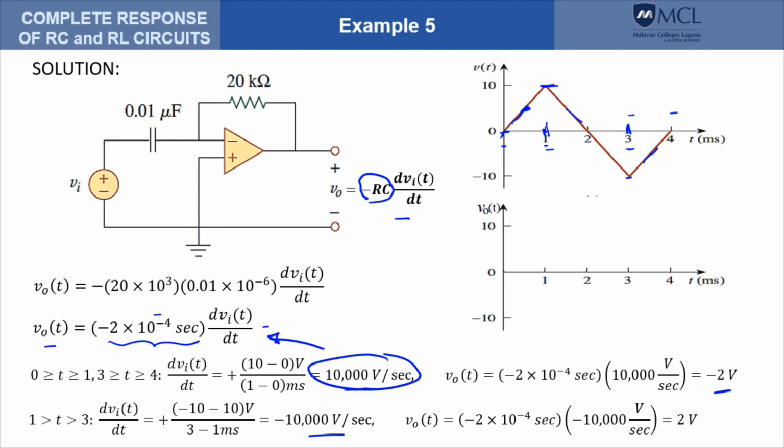And computing for the output, that should give us a positive 2 volts. Hence, the answer would look like this. So between 0 and 1 millisecond, it is negative 2 volts. Between 1 and 3, it is positive 2 volts. And between 3 and 4 milliseconds, it goes back to negative 2.